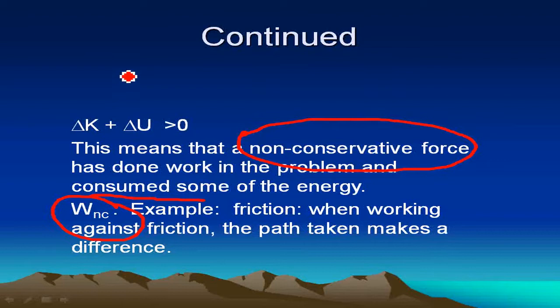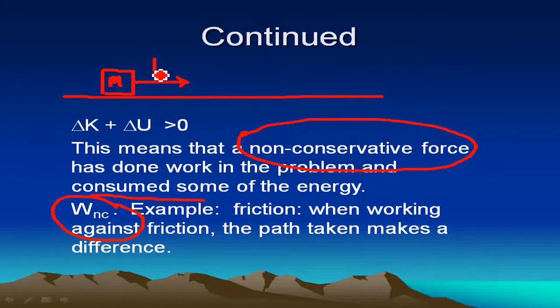And then again, we can illustrate that very simply. Let's take an example. We have a box here, and the box is on a level surface, mass m, moving with a velocity, let's say it's moving at 10 meters per second.